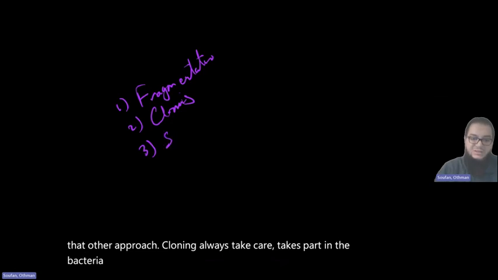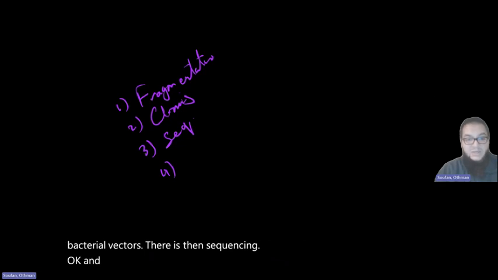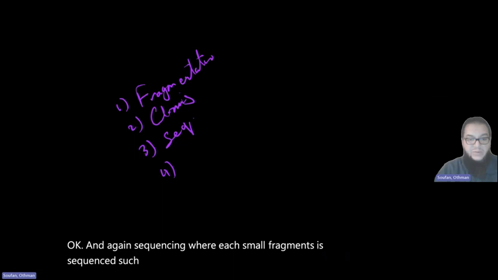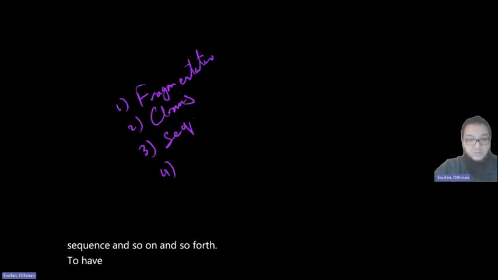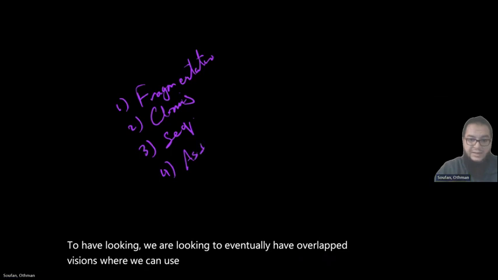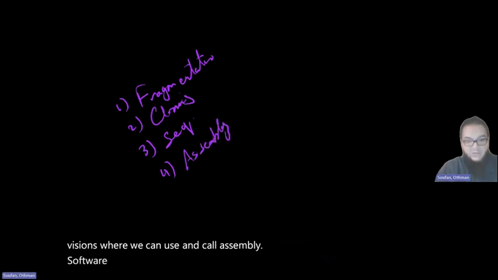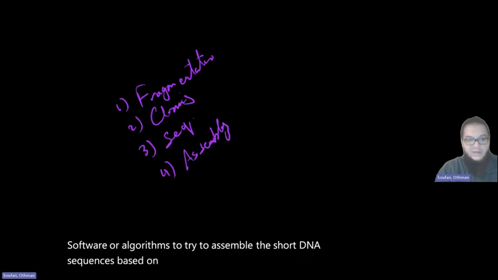There is then sequencing, where each small fragment is sequenced, such as using Sanger methods or next generation sequencing and so on. We're looking to eventually have overlapped regions where we can call assembly software or algorithms to assemble the short DNA sequences based on their overlaps.